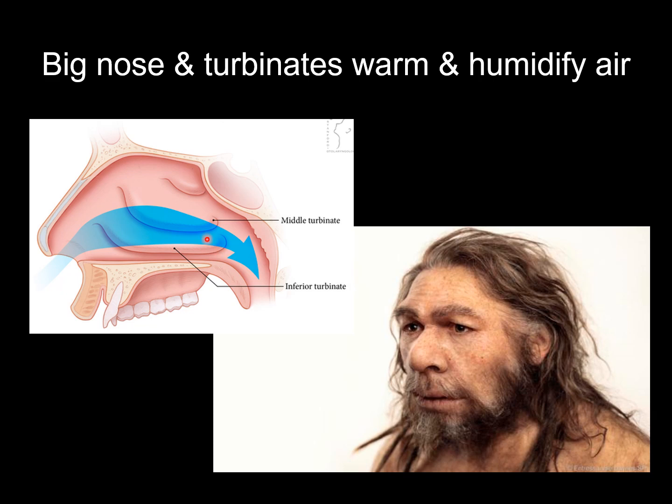So the turbinates help increase the surface area that incoming air is exposed to. And what that does is it warms and humidifies the air, which is super important when you're living in cold weather where the air is cold and dry. So the big nose of Neanderthals is an adaptation for them living in Ice Age Eurasia.